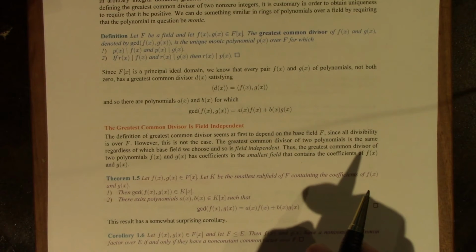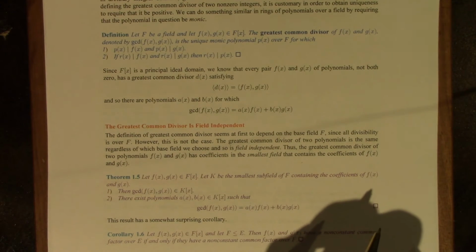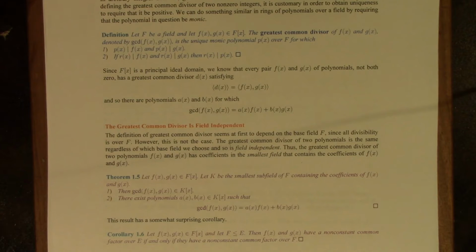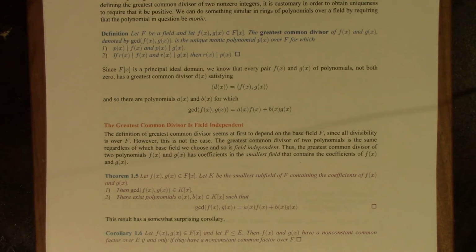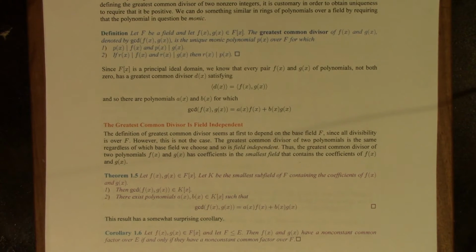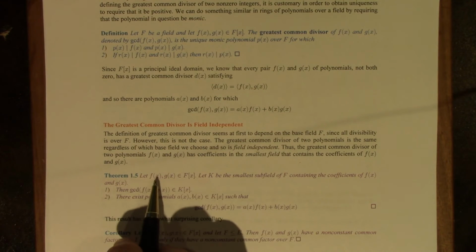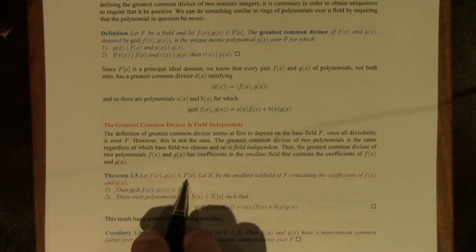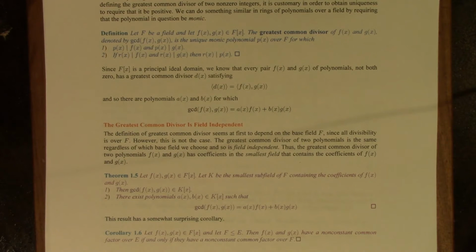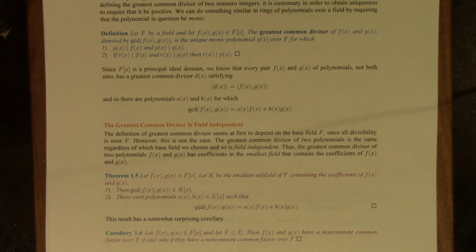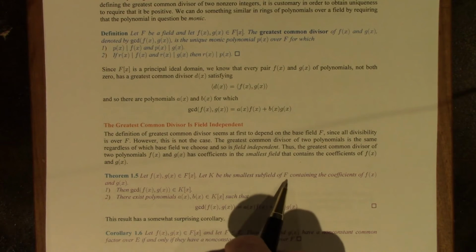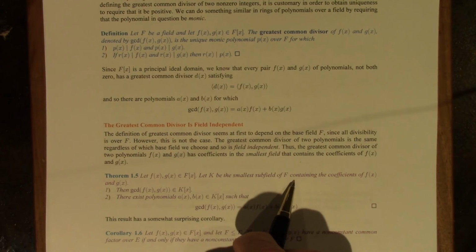It's an interesting fact, maybe a surprising one, that the greatest common divisor of two polynomials is field independent. So if we have two polynomials f and g over a field F, those polynomials can also be thought of as polynomials over any bigger field than F, over any extension of F, also over any smaller subfield of F that contains the coefficients.